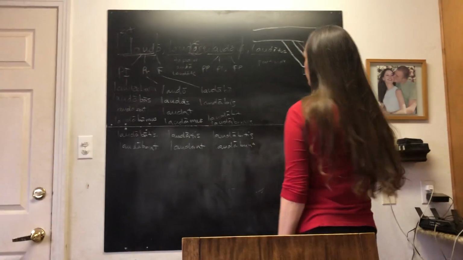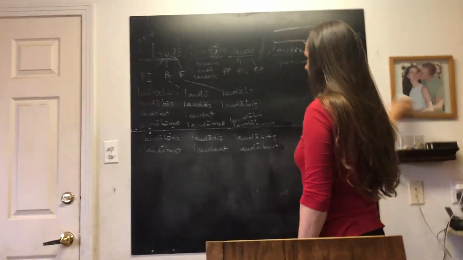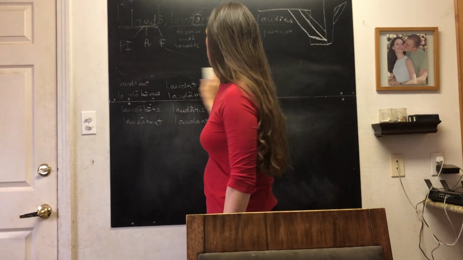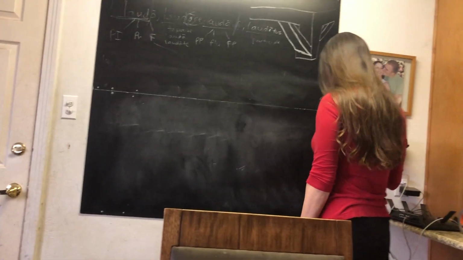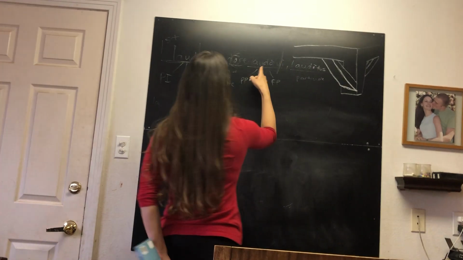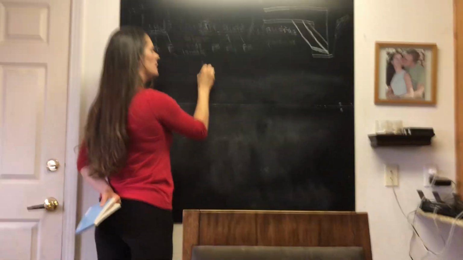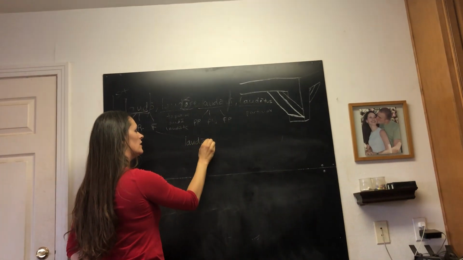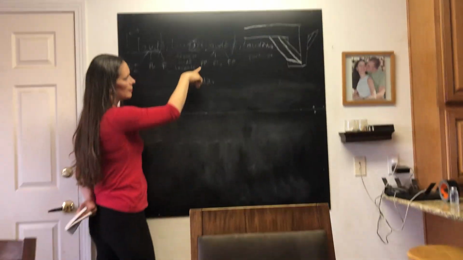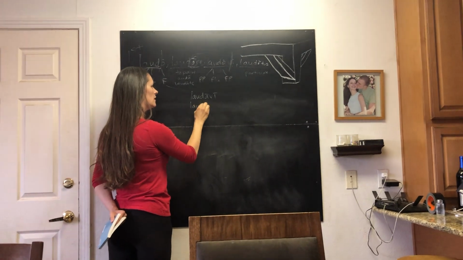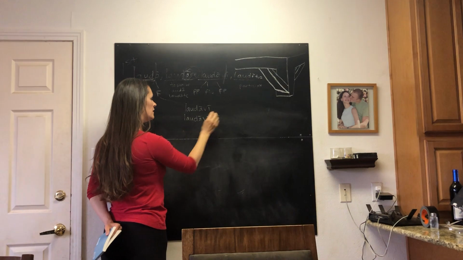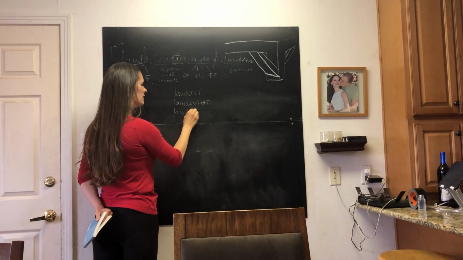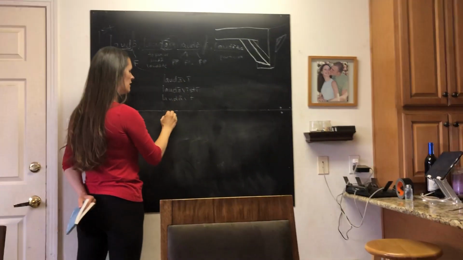Now to go to our perfect system, I'm going to have to erase these so we have more space. So our perfect system, we use this stem, laudav, L-A-U-D-A-V. Our past perfect has a new set of endings. It's i, isti, it. Laudavi, laudavisti, laudavit.